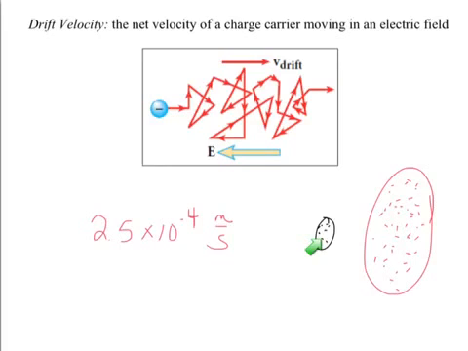Well, this would have a really low drift velocity because they're not really traveling with a high velocity, but the current would be very large because the turtles are like the charge carriers. There's a lot of turtles in that short time period that are passing that given point. So in this analogy, we're talking about how many turtles cross the finish line in that certain amount of time that we're looking at.